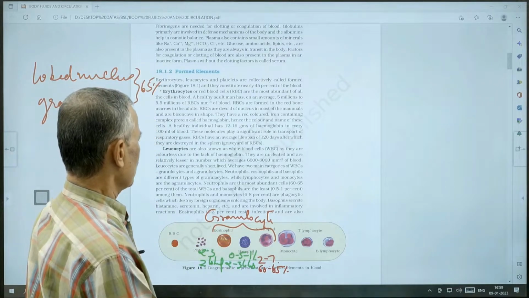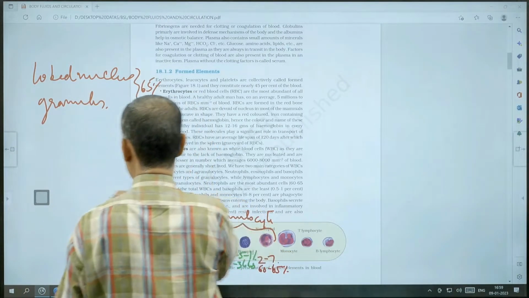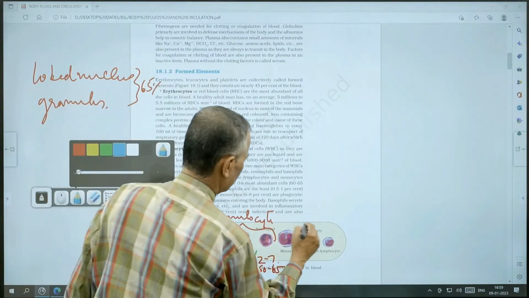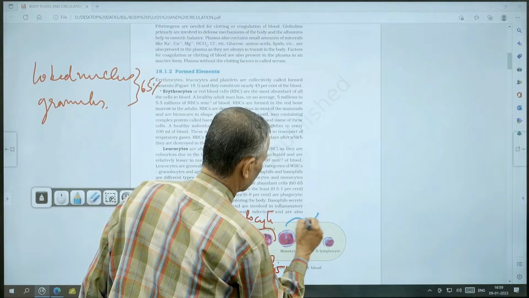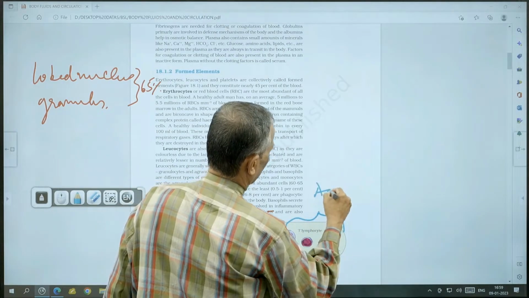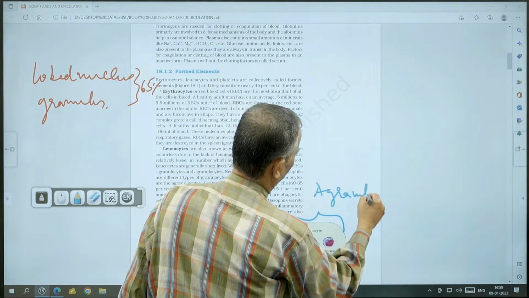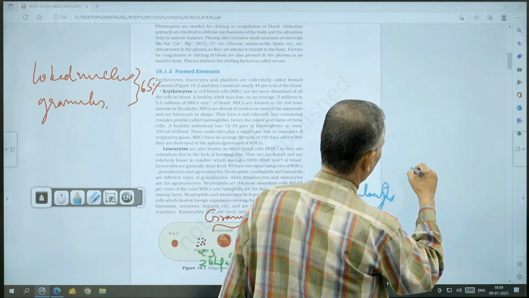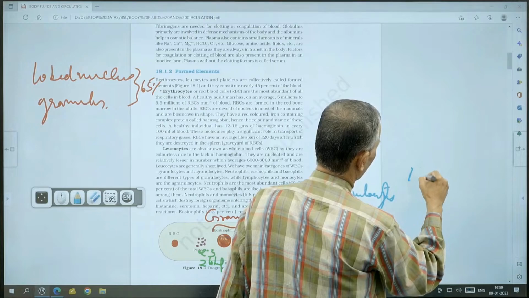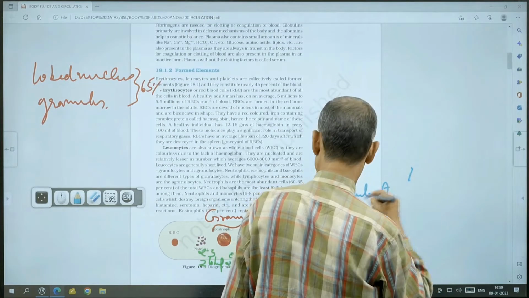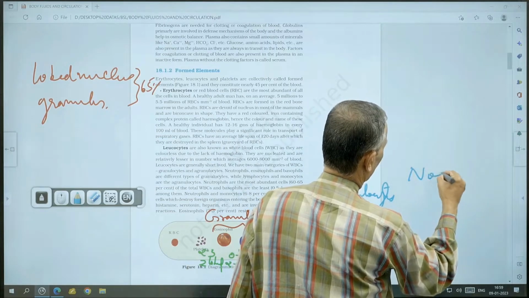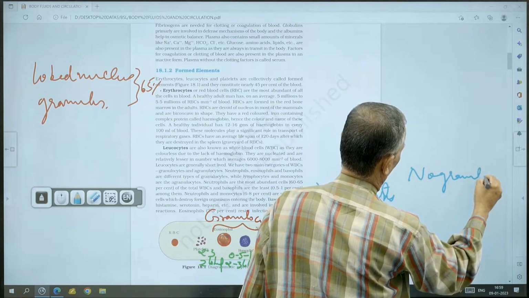granulocytes. Now coming to the agranulocytes. These agranulocytes are of two types. What is agranulocytes? Having no granules. So they are characterized by absence of granules. No granules in the cytoplasm.